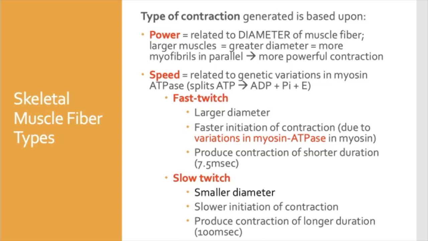And it has to do with a particular variation that they have in that myosin ATPase area on the myosin heads. These fast twitch types of muscle fibers are going to produce a contraction of shorter duration. So what you gain in speed, you lose in duration.